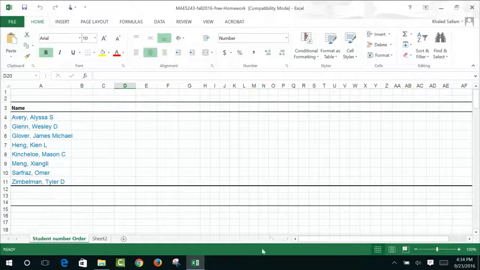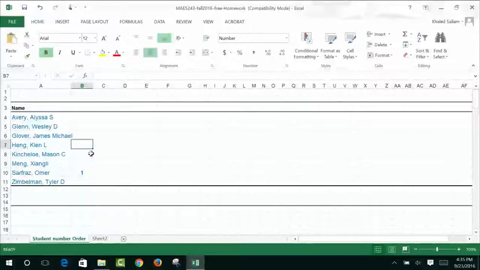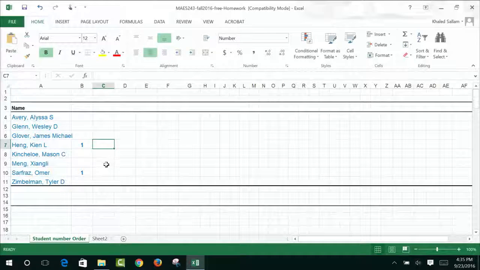So you remember a few of you had a free homework problem. I just didn't remember who they are, so can you let me know who got a free homework problem so that we can mark it here in my Excel file? I think Omar got 1, right? Yes. And Kian Hong got 1 too, right? Yes. Who else? Did anyone else get a free homework problem?